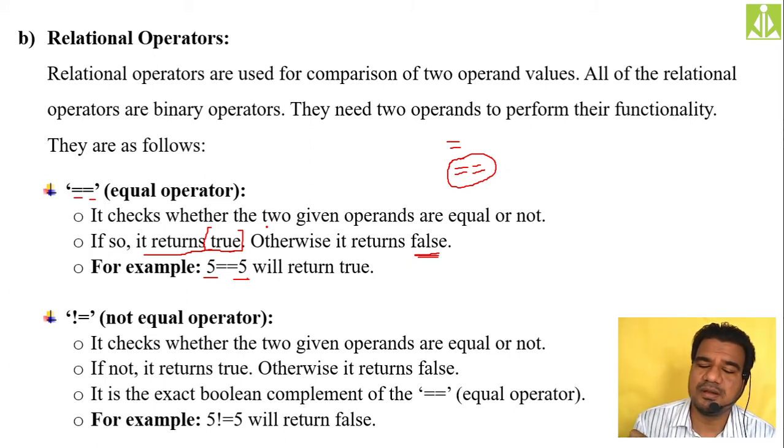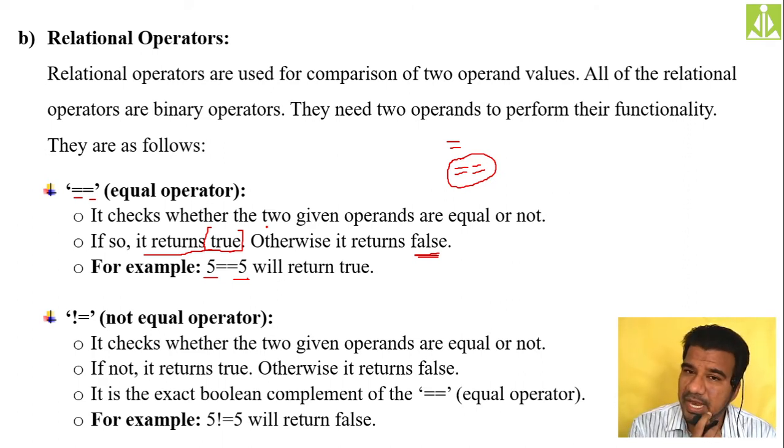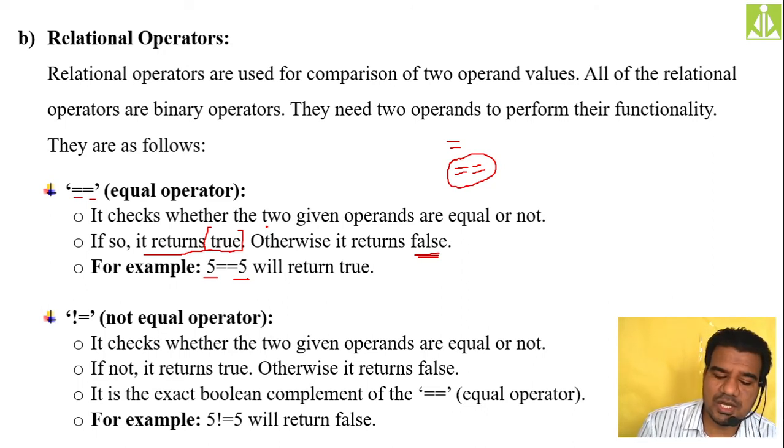If you are keeping the number directly, it will be a literal constant. So here we are checking the equality of two literal constants, that is 5 double equals to 5. What will the equal operator return over there? It will return true, to indicate that both the constant literals are equal.